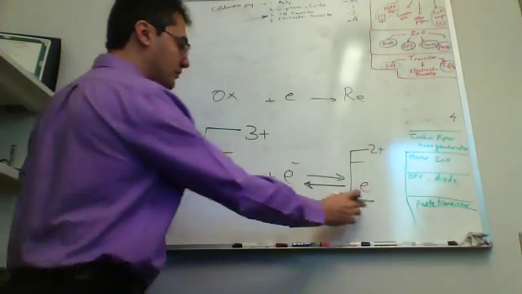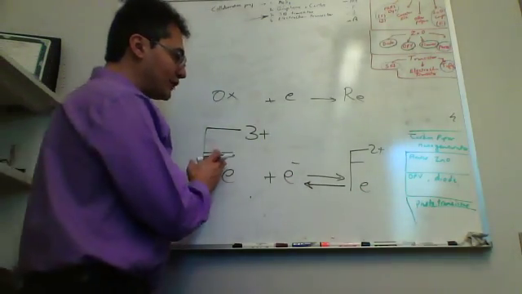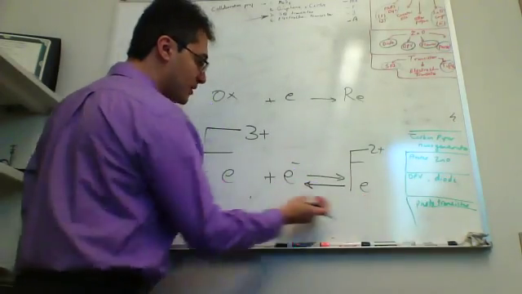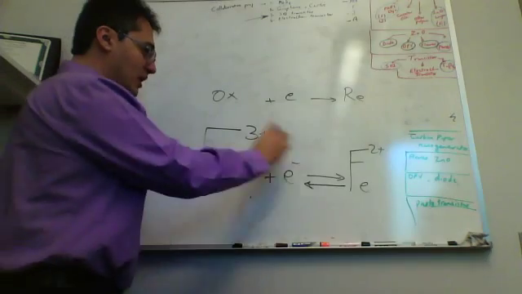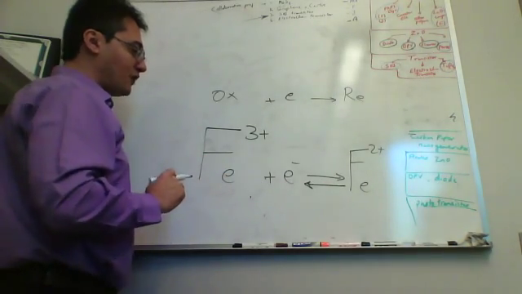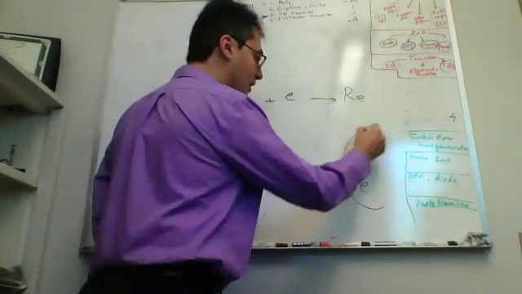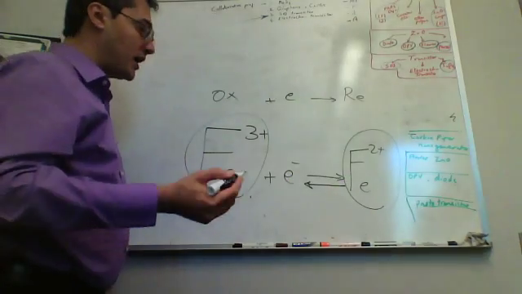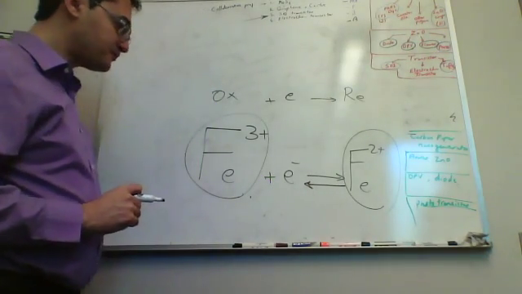But the reaction reaches an equilibrium when the rate of the reduction is the same as the rate of the oxidation. And as long as we have this sort of equilibrium condition, we can have both Fe3+ and Fe2+ in the electrolyte, and each of them would have a certain concentration.